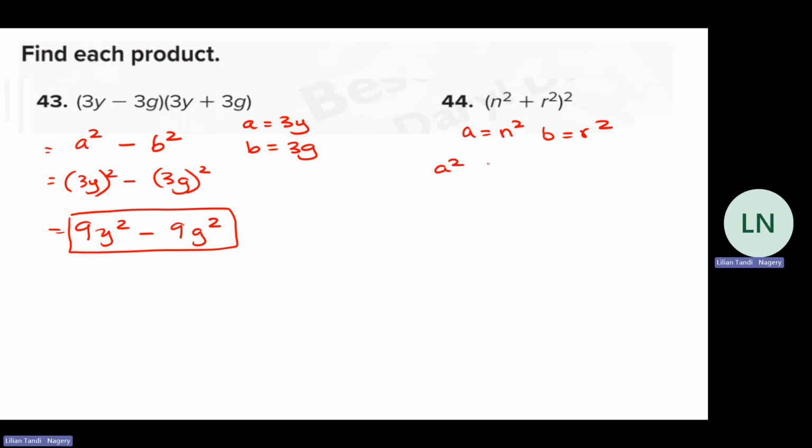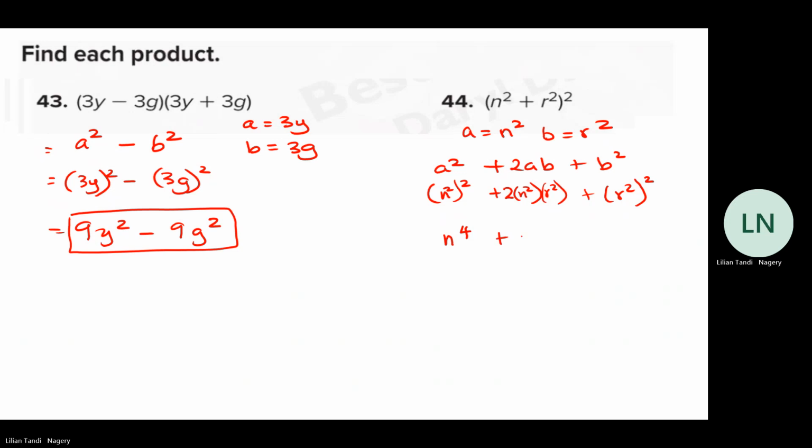Our Kanun is a squared plus 2ab plus b squared. A squared, n squared squared. Okay. Plus 2n squared r squared plus r squared squared. So this is n to the 4th power plus 2n squared r squared plus r to the 4th power.